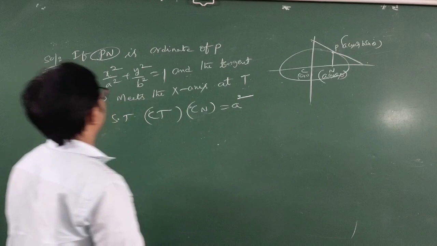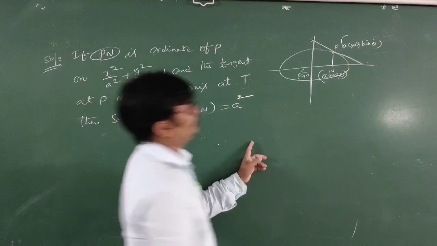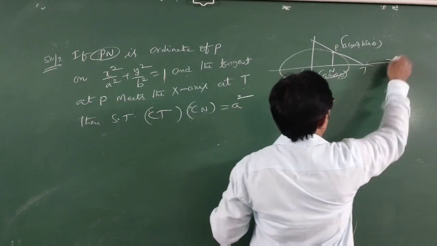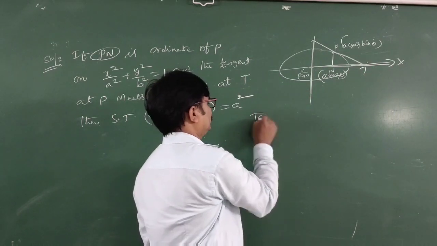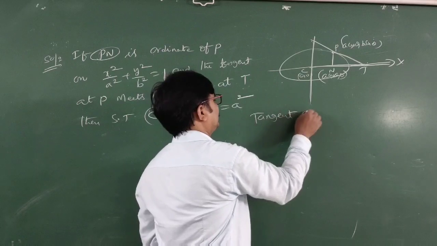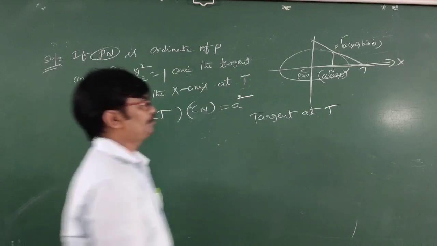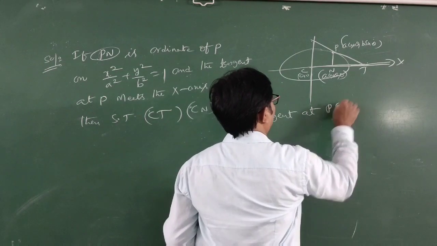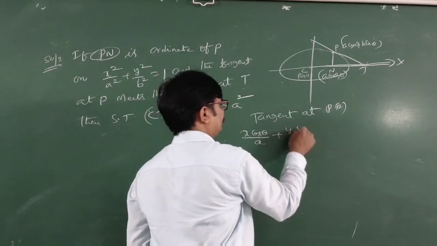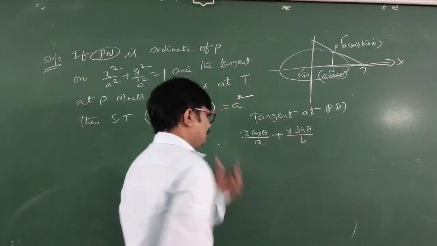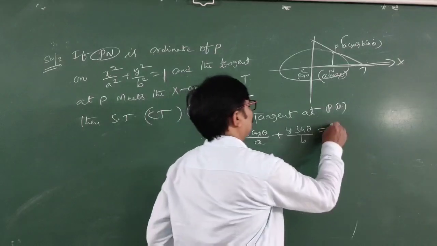Now it is given that the tangent at P meets the x-axis at T. We know the tangent at P theta to the ellipse is x cos theta by a plus y sin theta by b equal to 1.